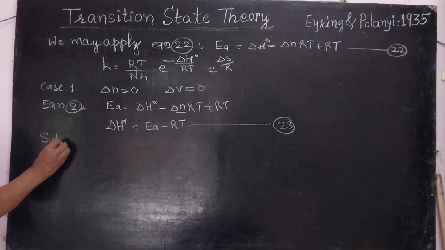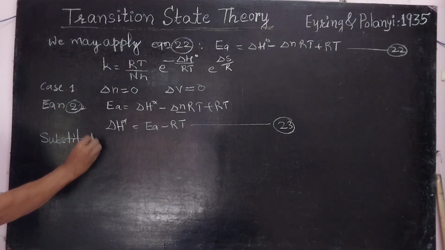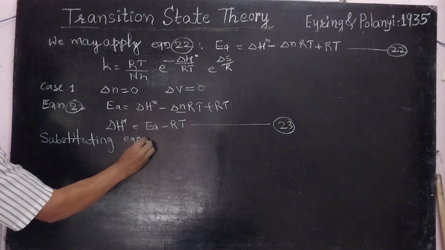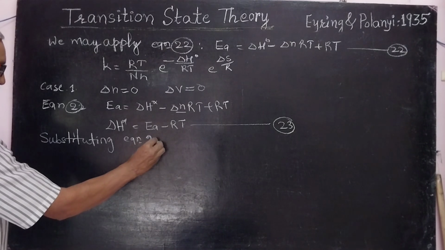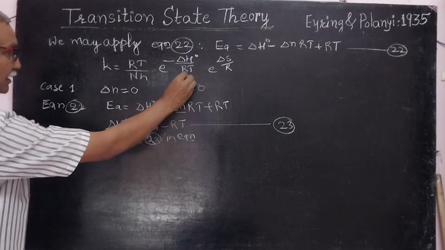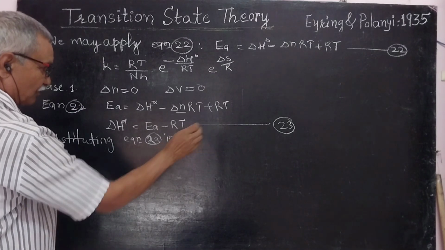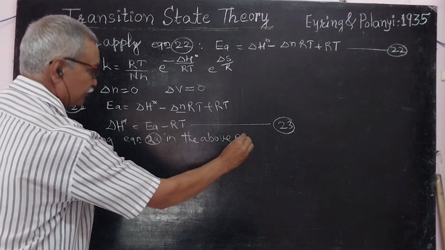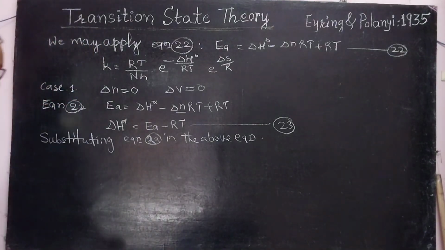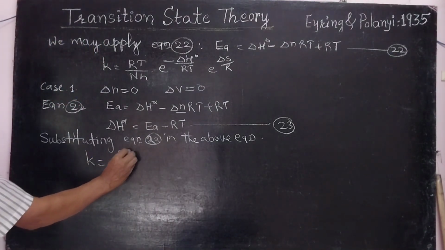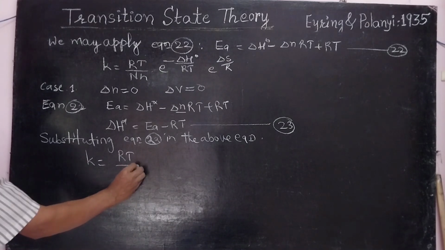Substituting equation 23 in the above equation, we get k equal to RT divided by Nh, which remains as it is.